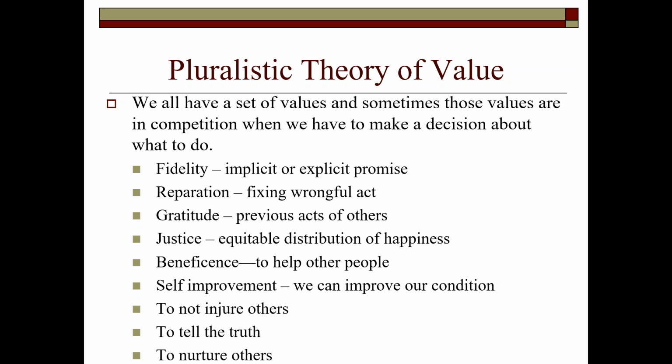There are implicit promises that you make to me as students, you to me as your professor, your roommates. So there's a fidelity. There is a promise that we will act certain ways toward each other. This is a value that we have in the way we interact with each other.